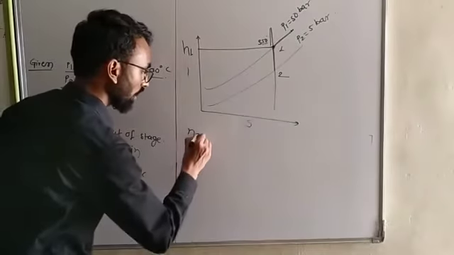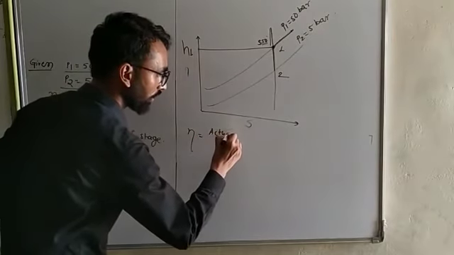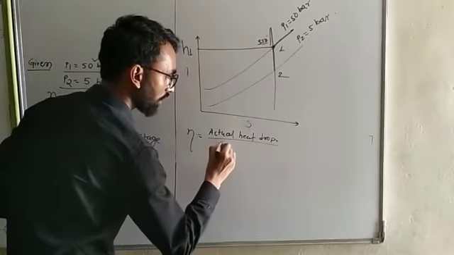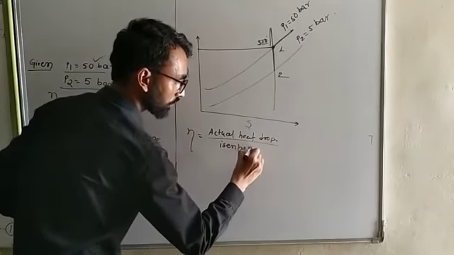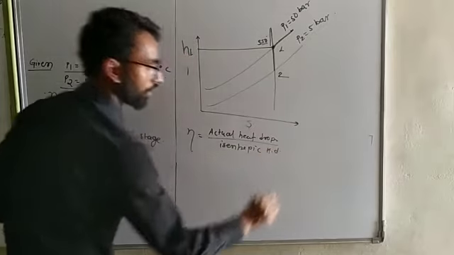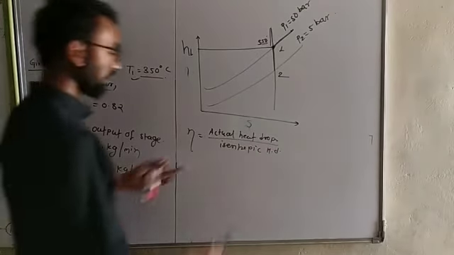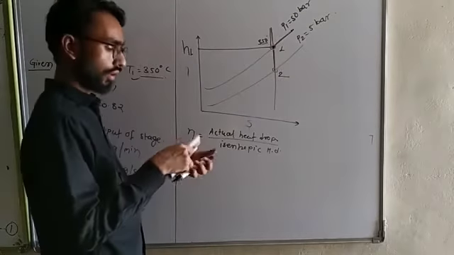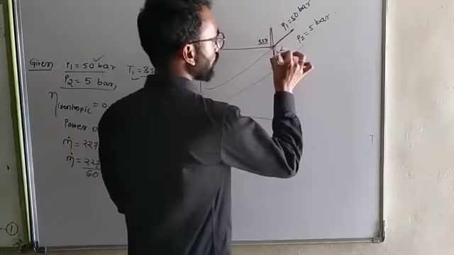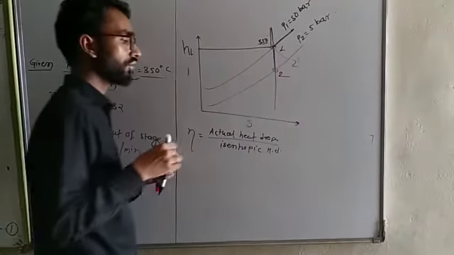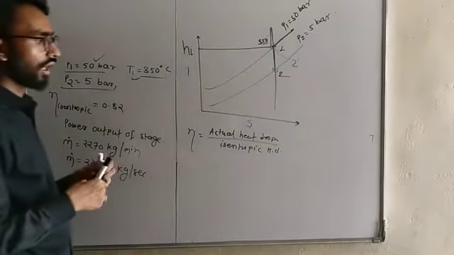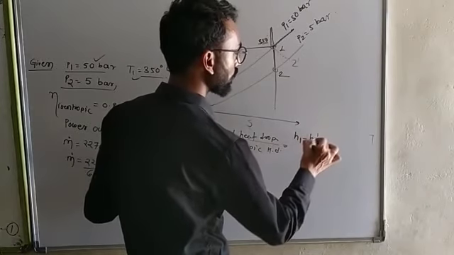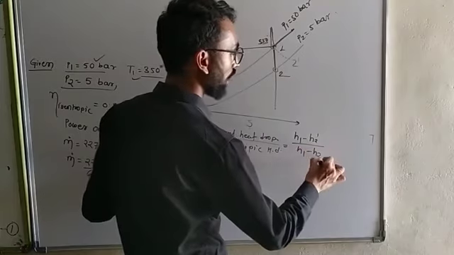The efficiency is nothing but the actual heat drop over the isentropic heat drop. 1 to 2 is the isentropic heat drop, but this 1 to 2 dot is the actual heat drop. Actual heat drop means H1 minus H2 dot over H1 minus H2.